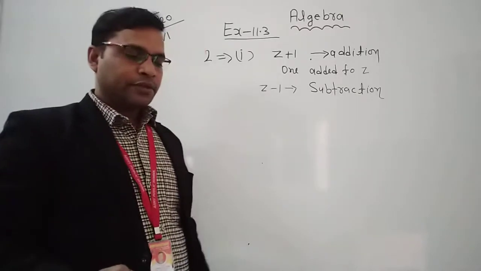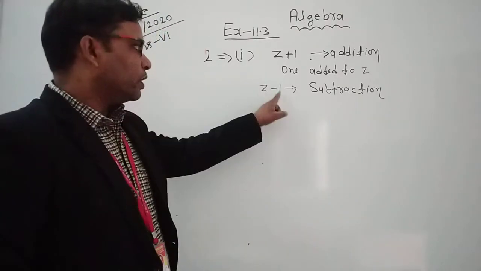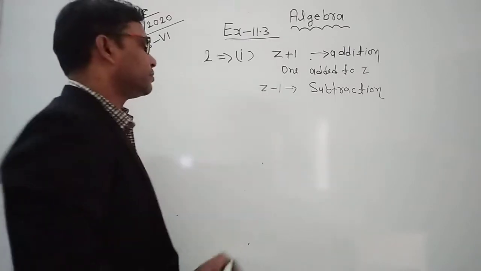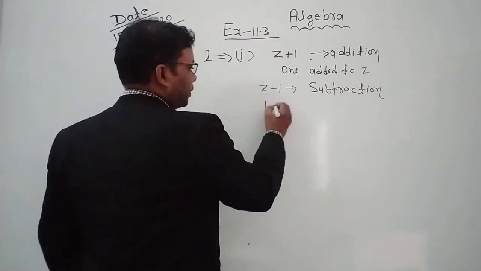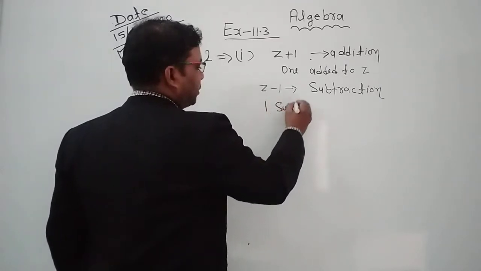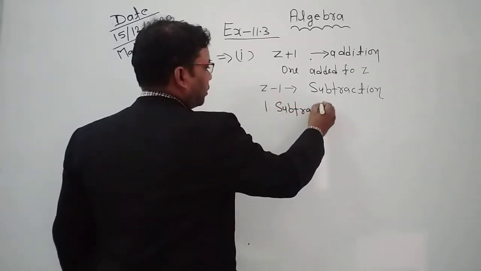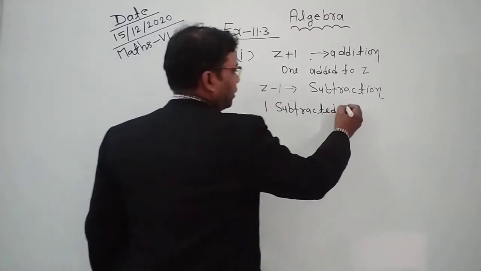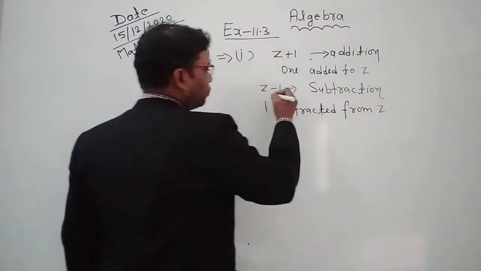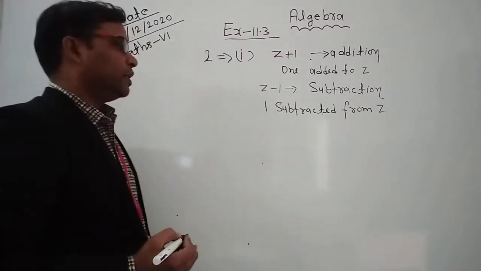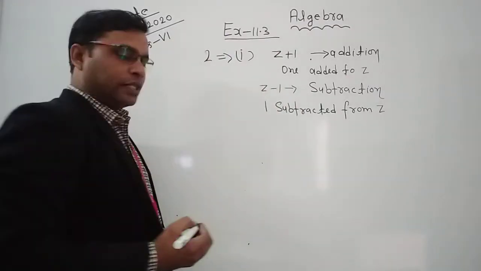So you can say 1 subtracted from z. You write here: 1 subtracted from z. This is clear.